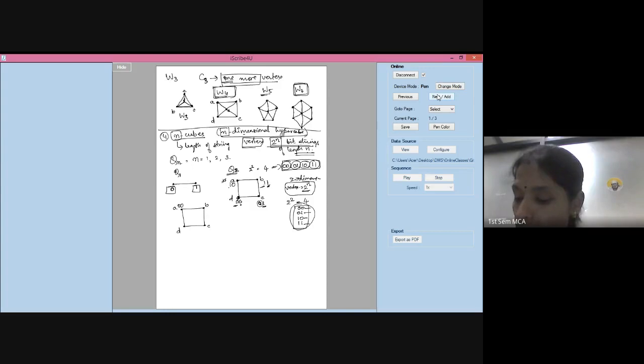Okay, I will start with 0, 0 at A. Now, which are the adjacent vertices to A? It is B and it is D. Whatever vertices are adjacent, there you can have only 1 bit change.